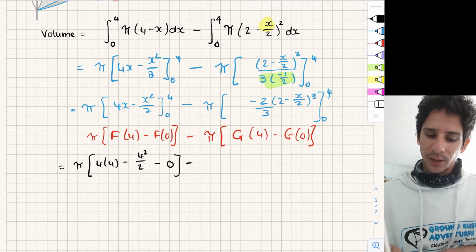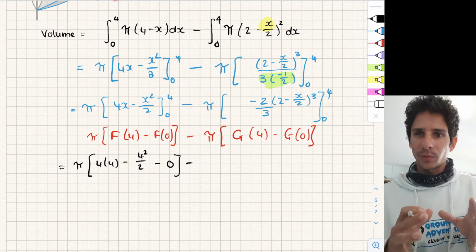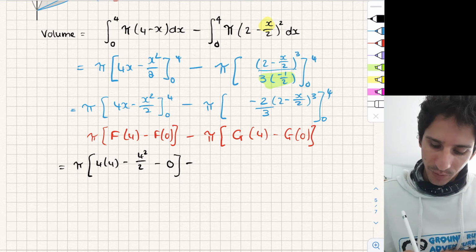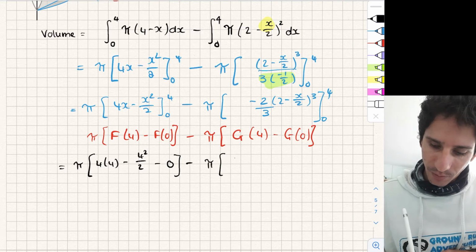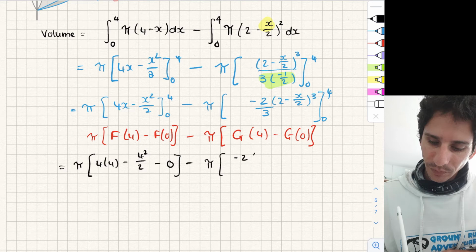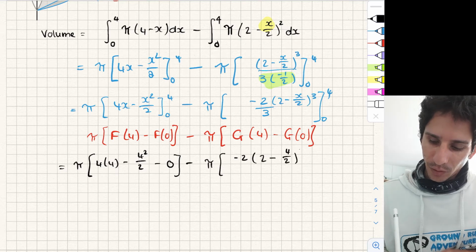And this whole thing is being subtracted from the volume from the inner volume. So we have pi. I'm substituting in 4, so we're going to have minus 2 times (2 minus 4 over 2), all cubed and divided by 3.